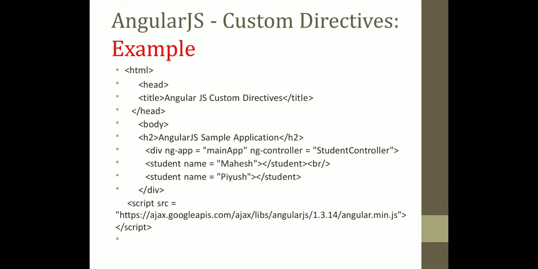We have included the ng-app directive with the name mainApp, ng-controller with the name StudentController, then the student name, with two entries: the first for the name Mahesh and the second for the name Piyush. Now we have included a script source and provided a link for that source.